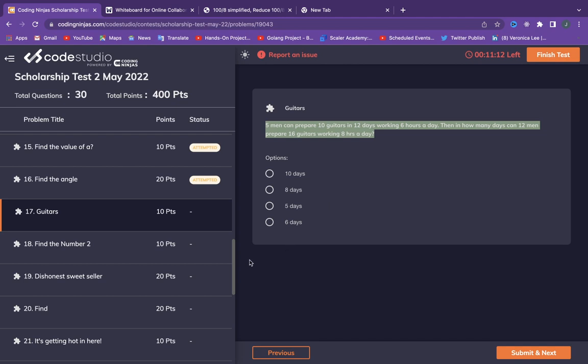So 16 by 10, that would be 1.6, is equal to x into 8 into 12 divided by 12 into 6 into 5.